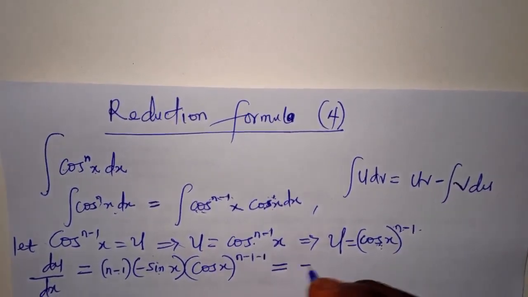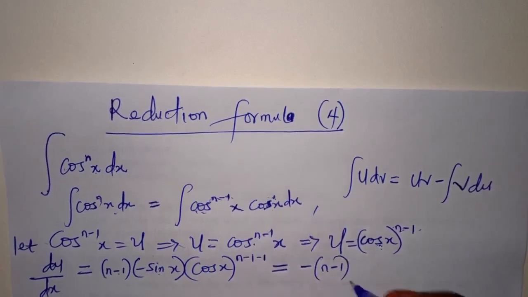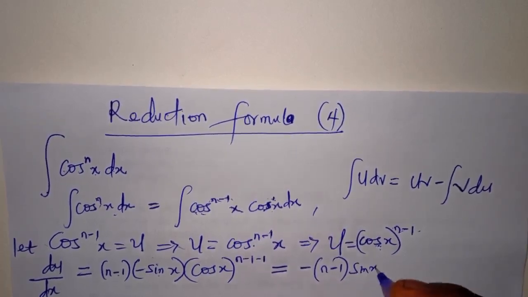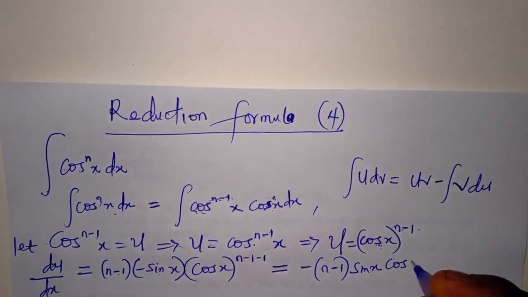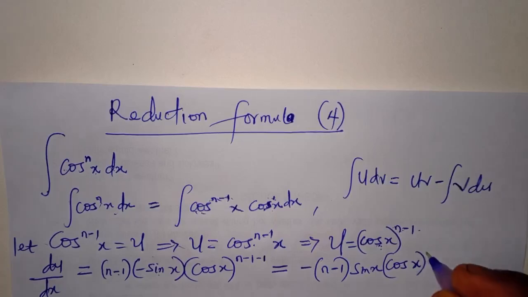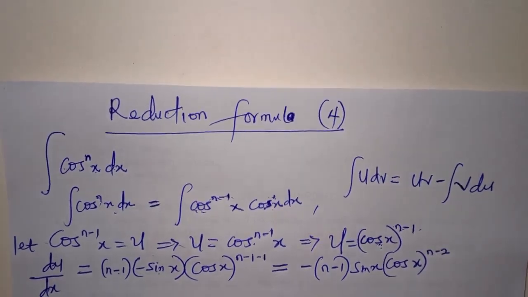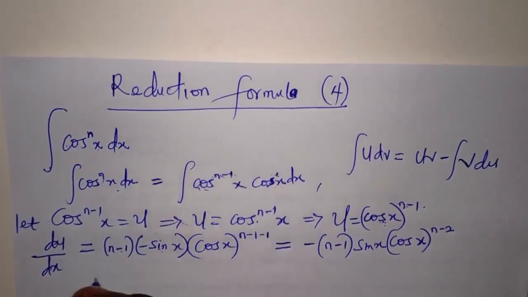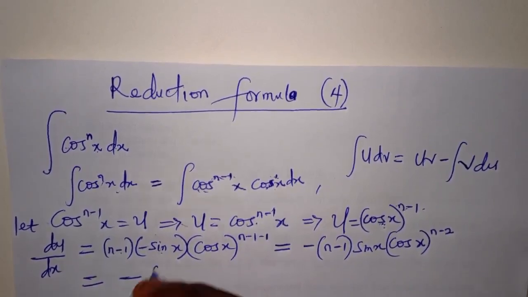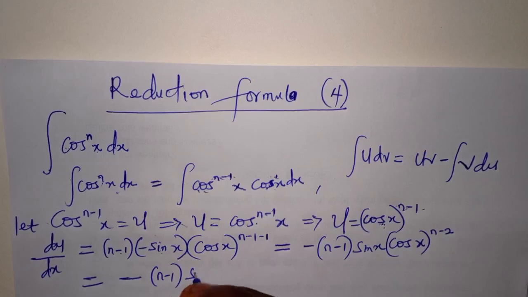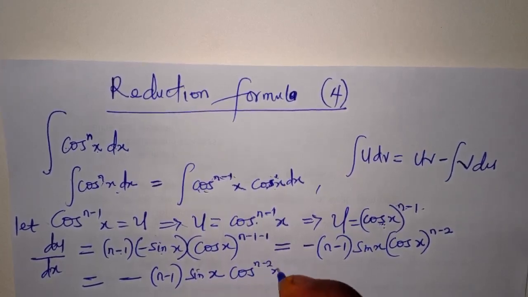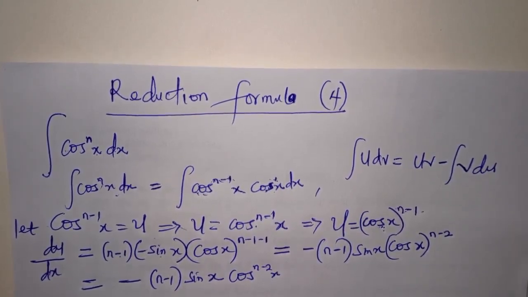So we'll have minus (n minus 1) sin x and cos x to the power of n minus 2, which is the same thing as saying minus (n minus 1) sin x cos^(n-2) x. You get it? Good.